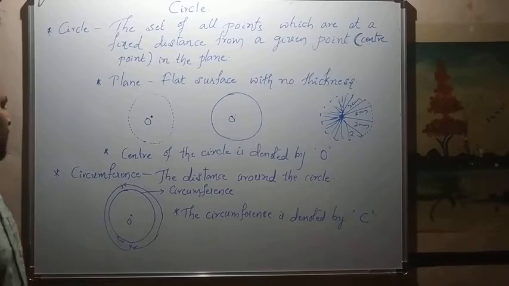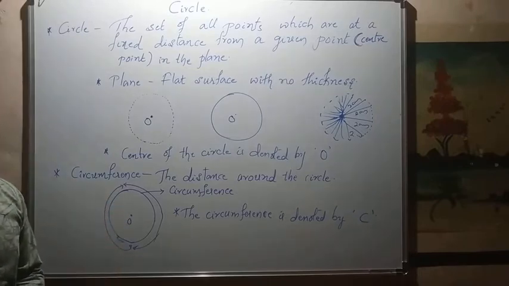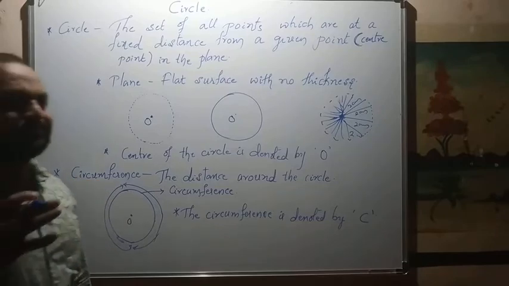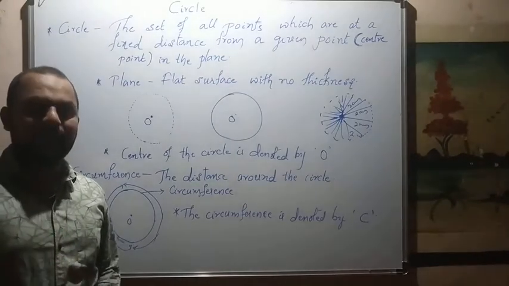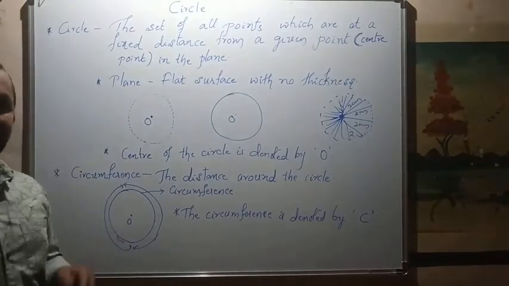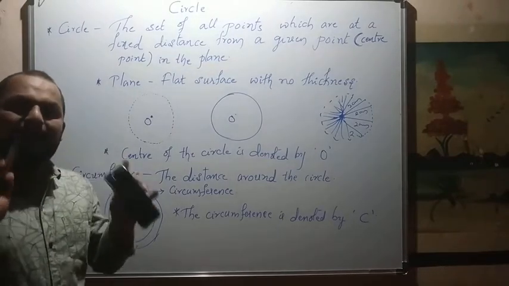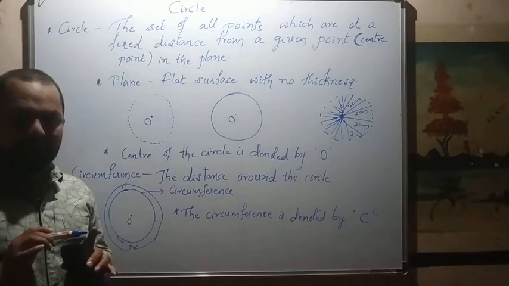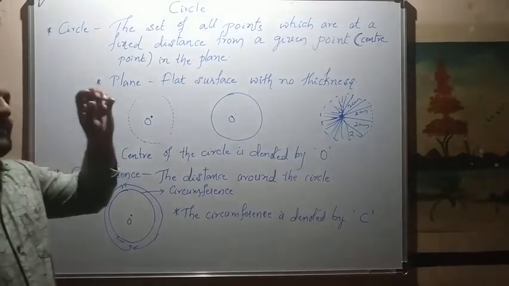Next definition, the circumference of a circle. What is a circumference? First, in a square or rectangle, what is a perimeter? The perimeter is the total length of the boundary of the given figure, or the sum of the lengths of all sides.